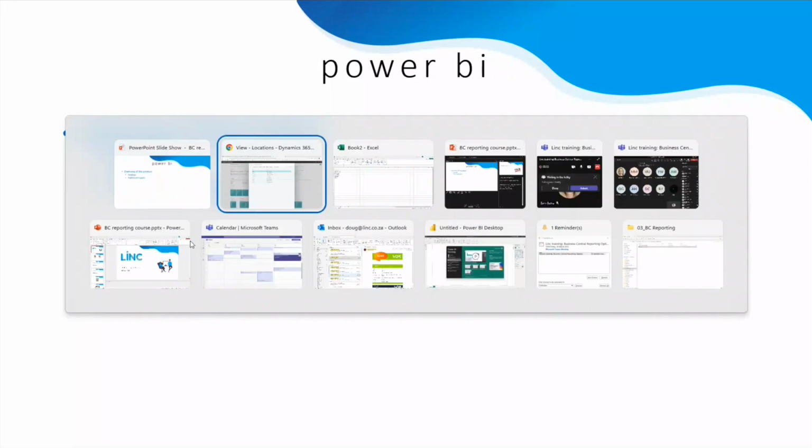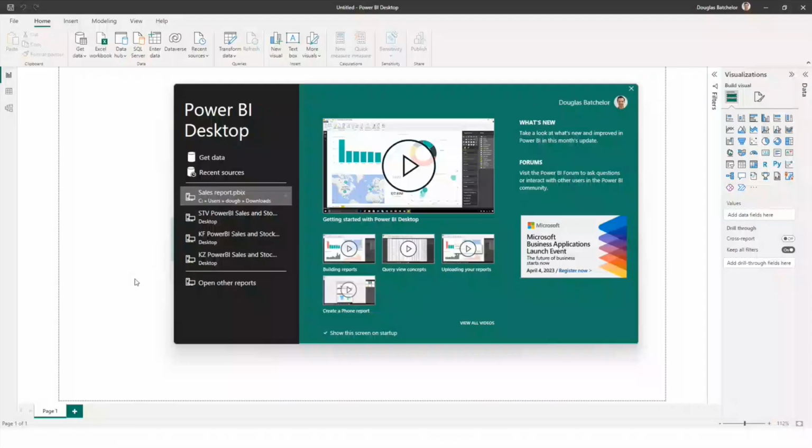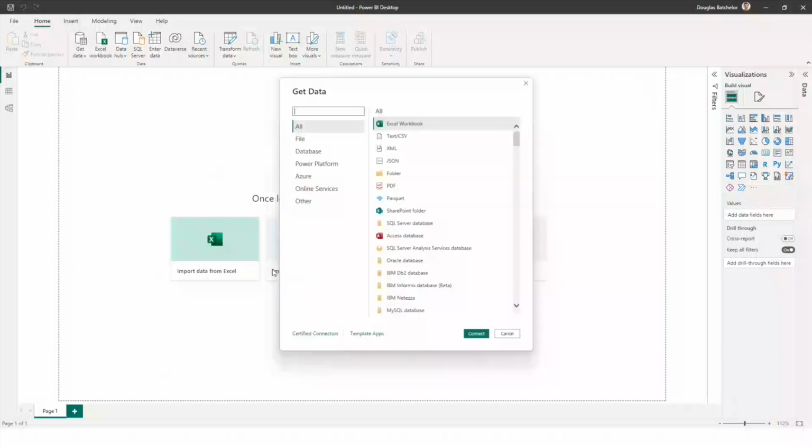So this is the Power BI desktop app. When you open it up, you say, get data. Power BI allows you to pull data in from all sorts of data sources, whether it's other Excel workbooks or other systems.